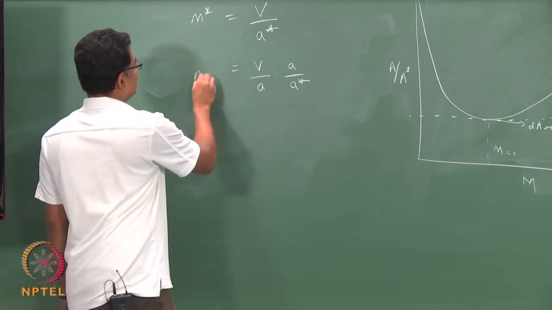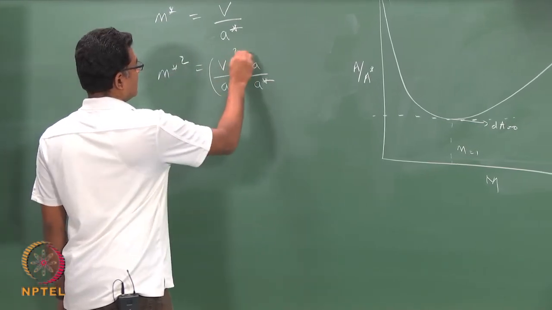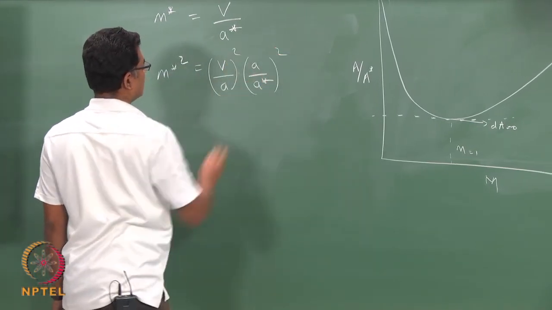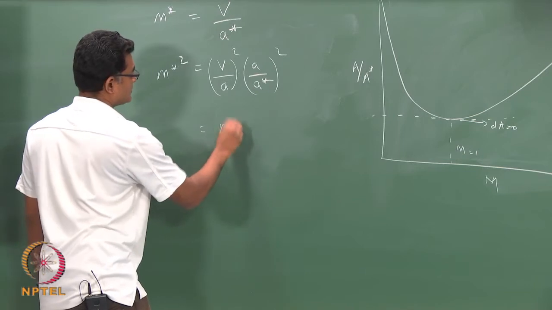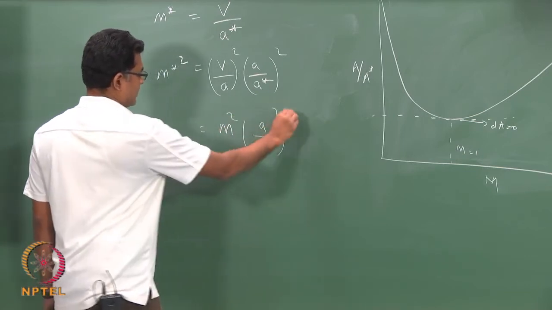So, I would square this. Should be M square into a by a star square.